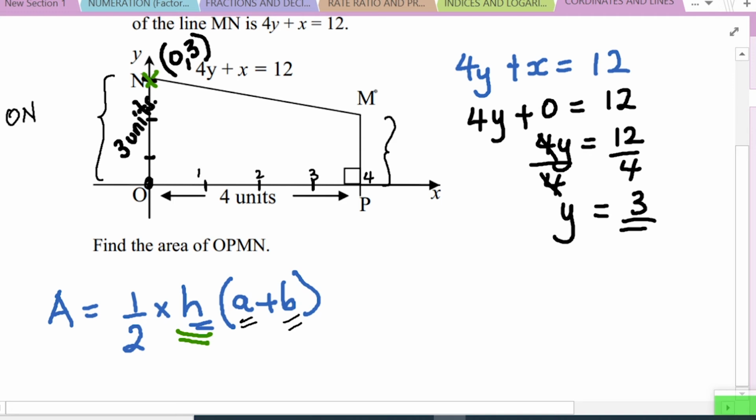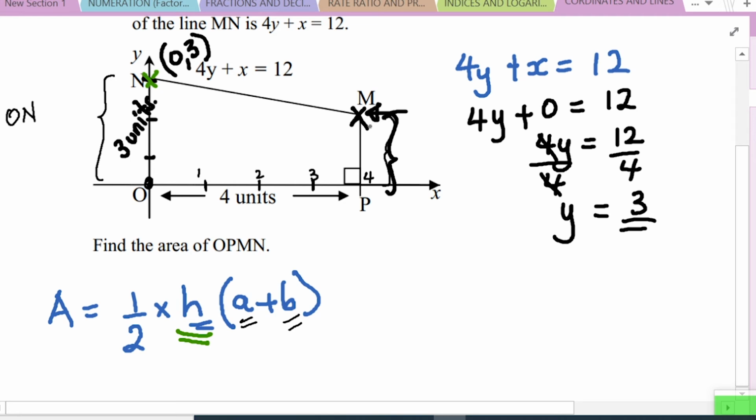So if that's the case, then what about down here? What is PM? We also need this distance here. When we look at this level here, what information do we have regarding this point M?